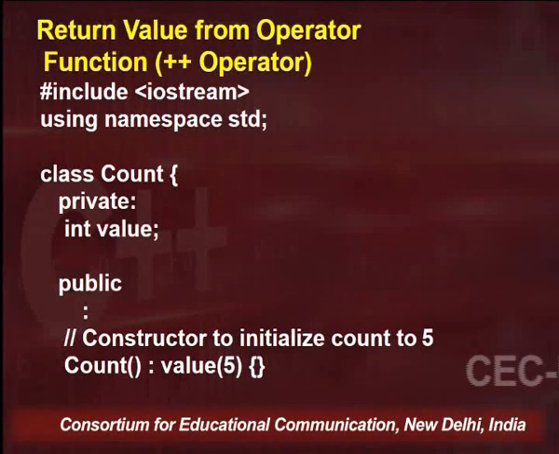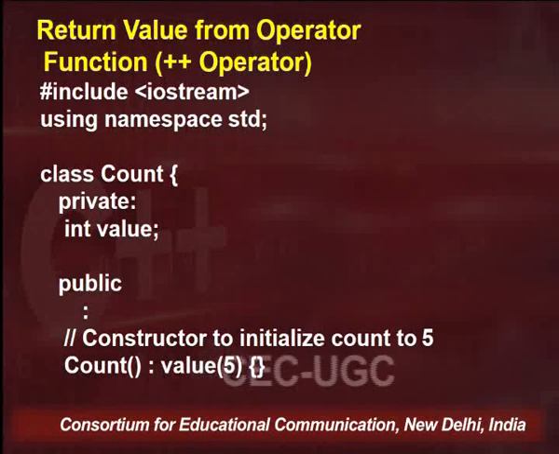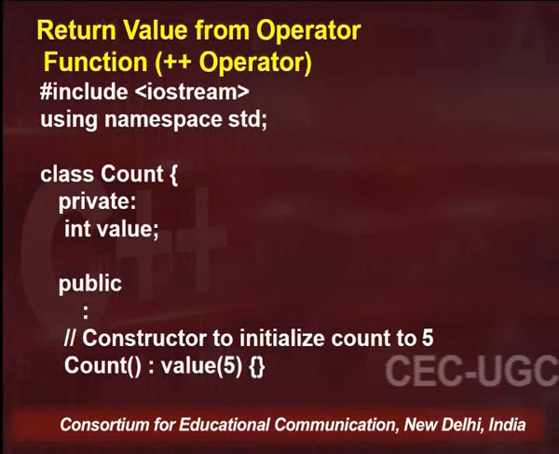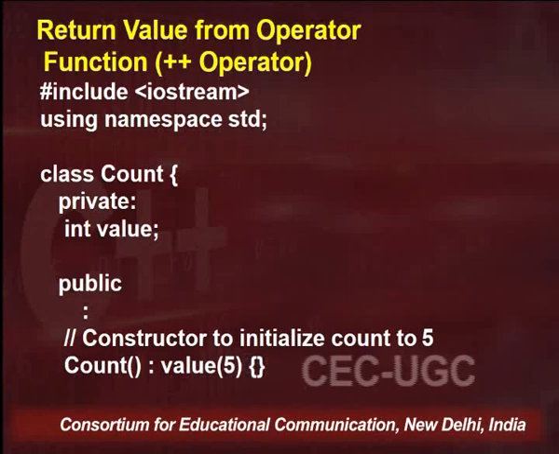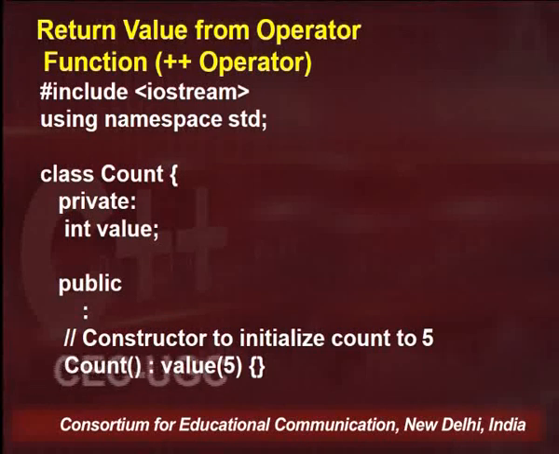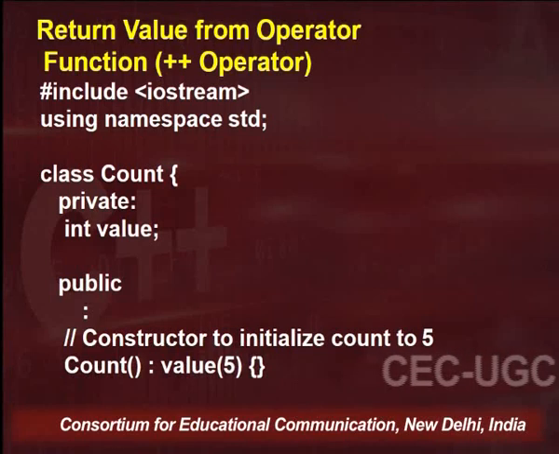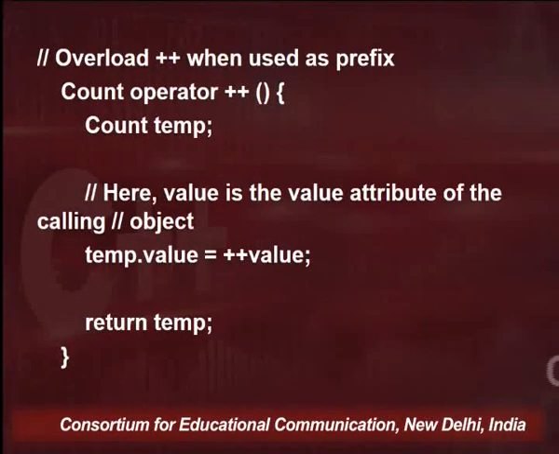With this background, let us see a complete program which gives the return type of the overloaded operator function as the object of the class count. Here we have the class count with an integer value private, and within the public section we have one constructor which initializes 5 as the value of the private variable value.